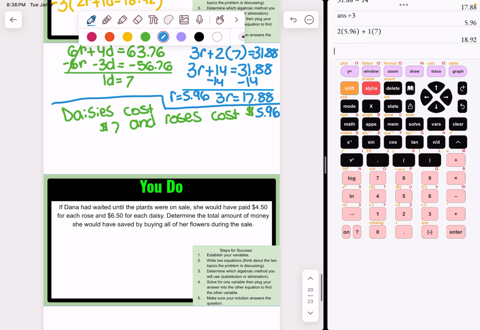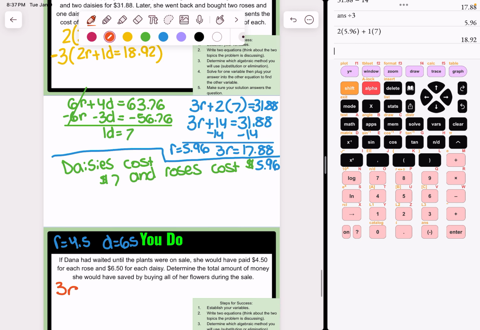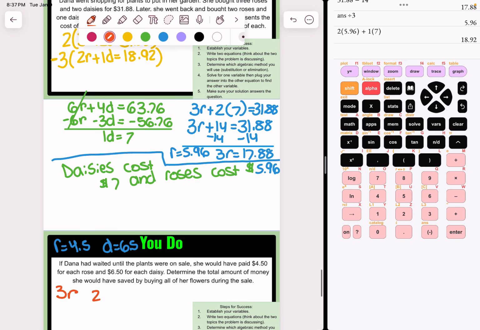Let's look at this long response question. If Dana had waited until the plants were on sale, she would have paid $4.50 for roses, and daisies are $6.50. Determine the total amount of money she would have saved. All right. So right now, in the beginning, she bought 3 roses and 2 daisies, and then she bought 2 roses and 1 daisy.